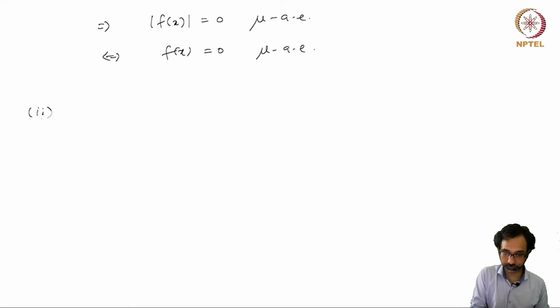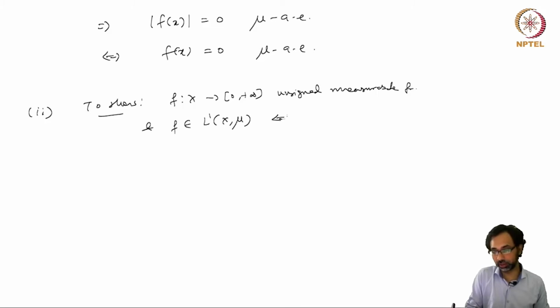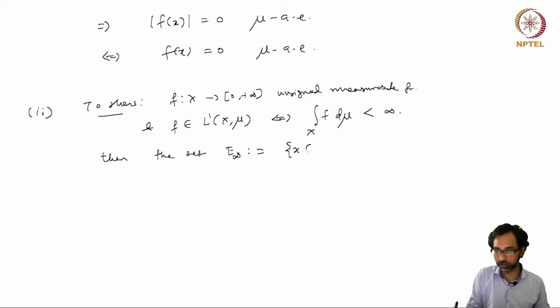So for the second part, we have to show that if f is an unsigned measurable function, and f belongs to L1, the absolutely integrable functions, which is the same as saying that this integral d mu is finite, then we have to show that the set E infinity, which is the set of points x such that f(x) is equal to infinity, has measure 0.